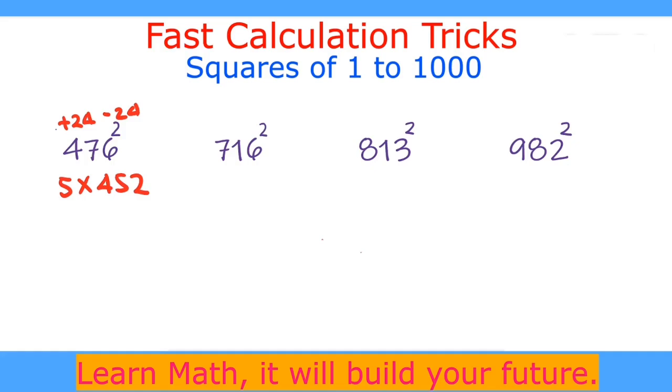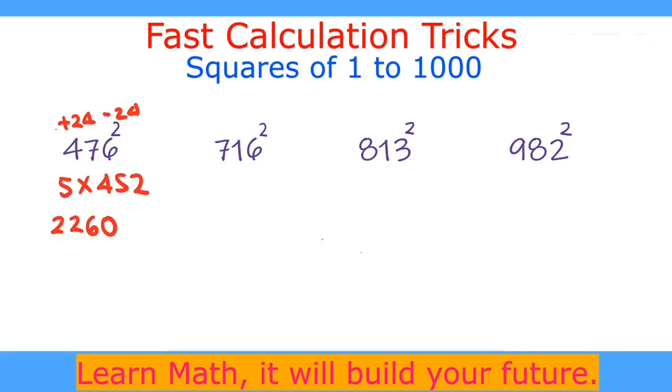So for multiplication of 5 to 452 it is better to multiply it by 10 and half it, or we half 452 and then multiply it by 10. So half of 452 is 226 and we write 10 after 226, so which is 2260. And then square of plus or minus 24 is 576.